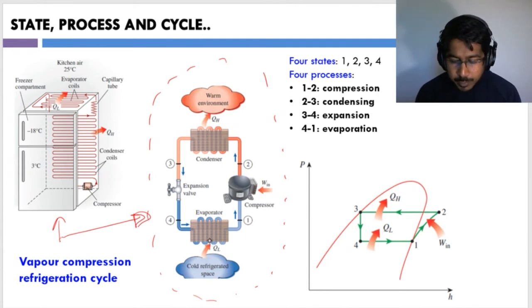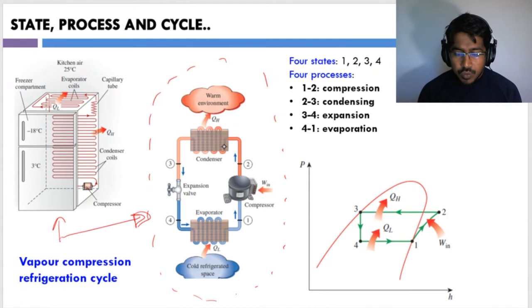And then after absorbing the energy from the refrigerated space, the refrigerant evaporates. We call the fluid that is running through this cycle the refrigerant. The evaporated refrigerant comes to the compressor, and there we compress the refrigerant and increase its temperature.